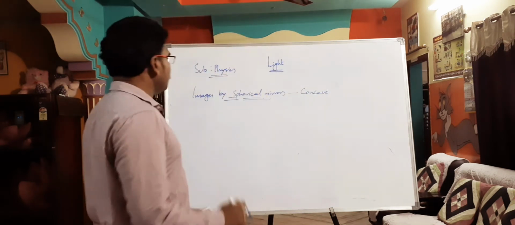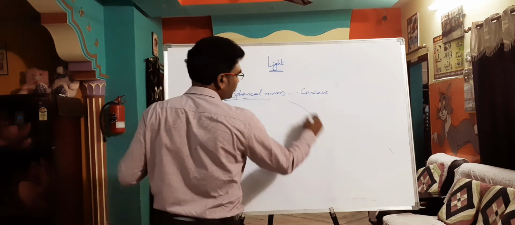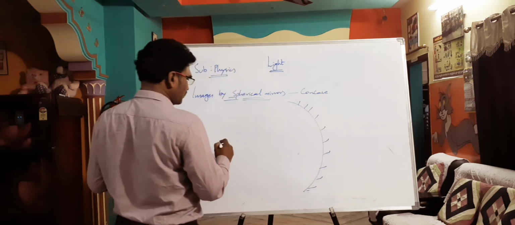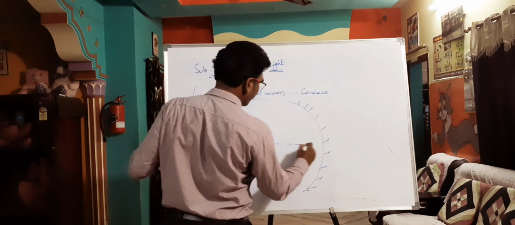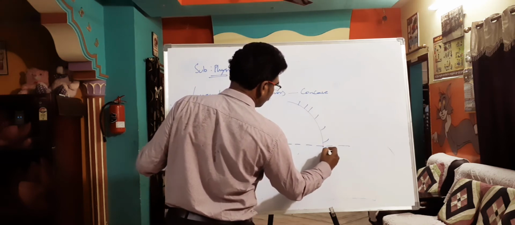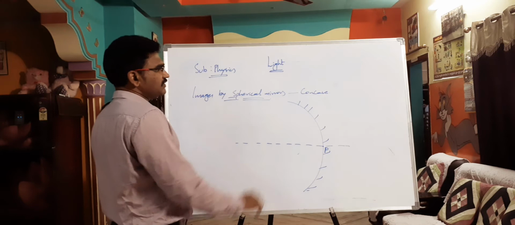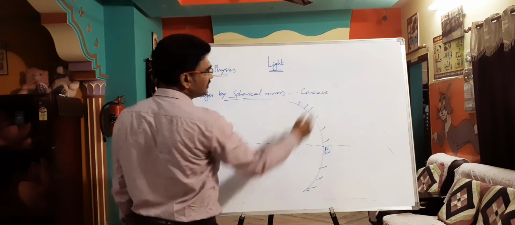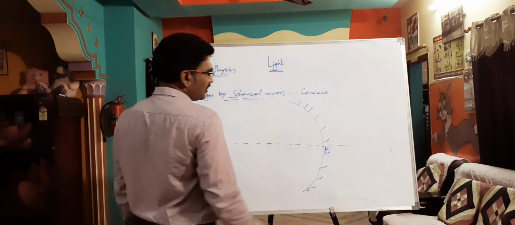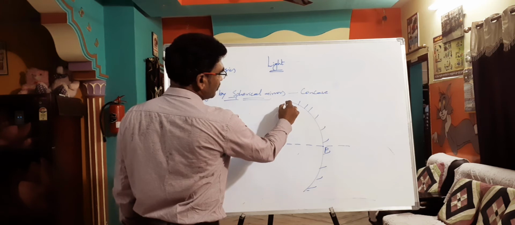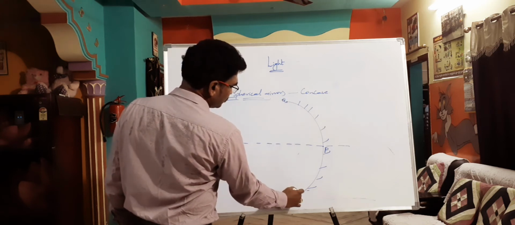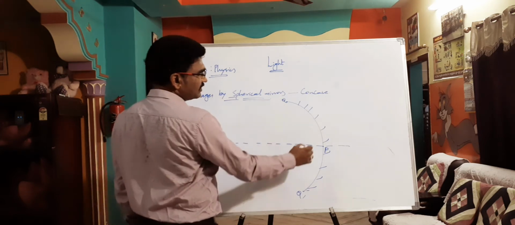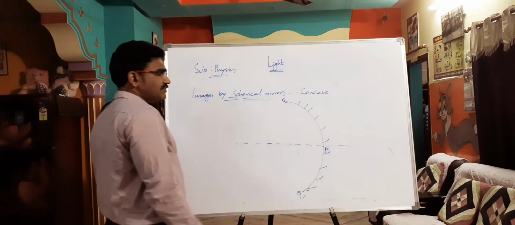Now I have taken a concave mirror, and this is the pole P, because this is a concave mirror: this side is reflecting and that side we have silvered. This is point Q and this is Q dash, the endpoints of the spherical mirror, and this is the midpoint, which we also call the vertex.